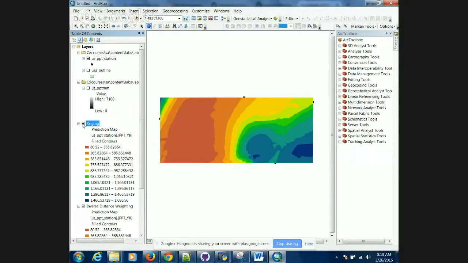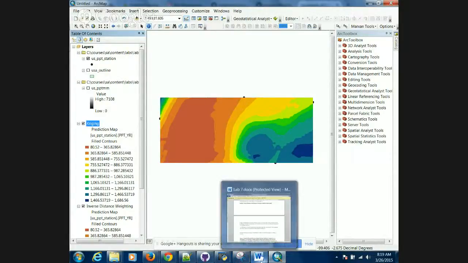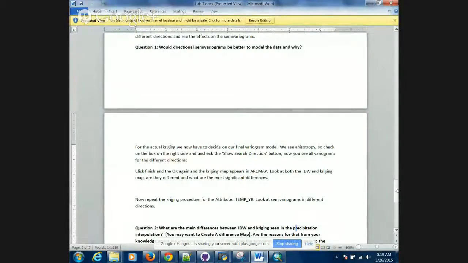Kriging considered the variance of the points, and used the variance to determine what the weight should be. So if the variance was really high, it didn't use those points as much as points with really low variance. Points with lower variance are weighted higher.